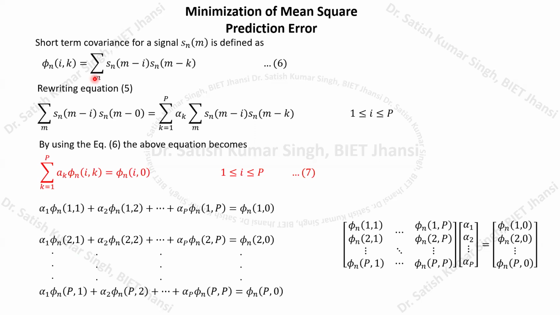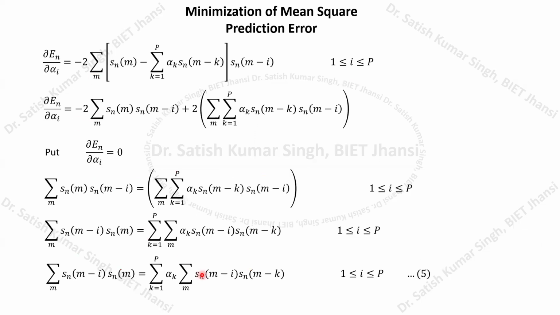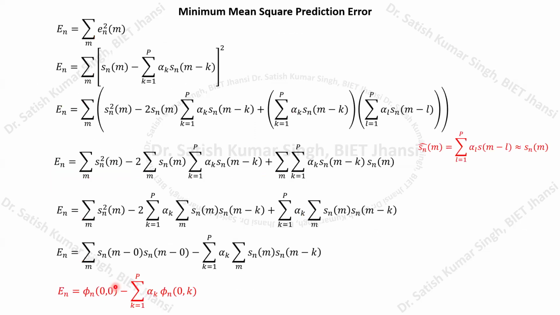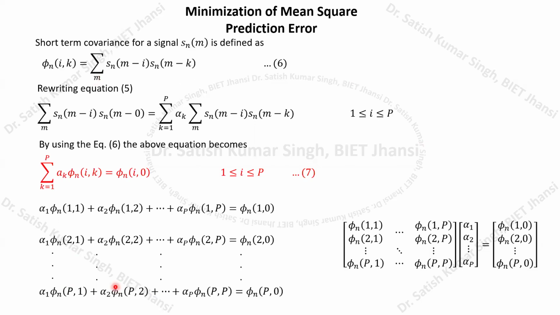After having this equation, we can rewrite equation number 5 that we have written here. It is Sn m minus i into Sn m. So we can write Sn m minus i, and here we write Sn m minus 0, which equals the sum over k equals 1 to p of alpha k, times the sum over m of Sn m minus i into Sn m minus k.